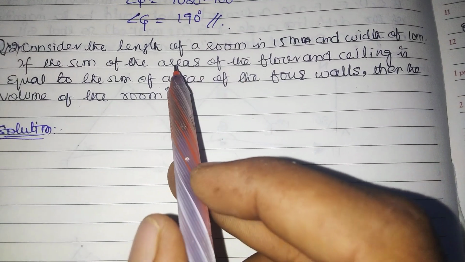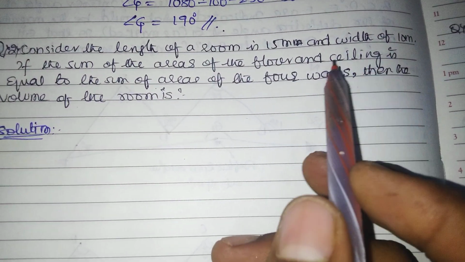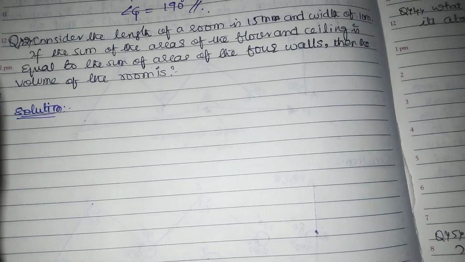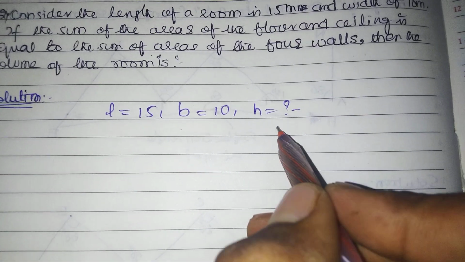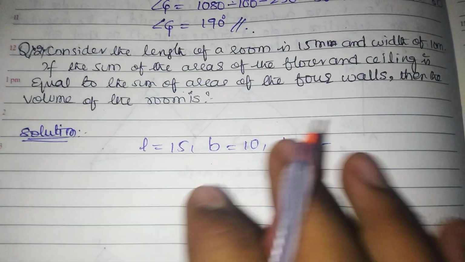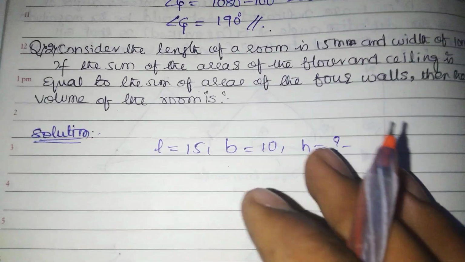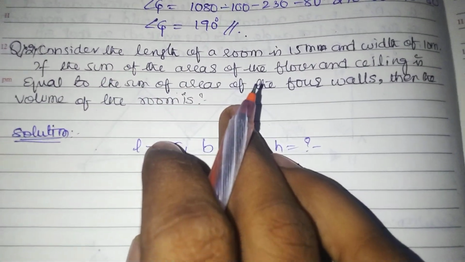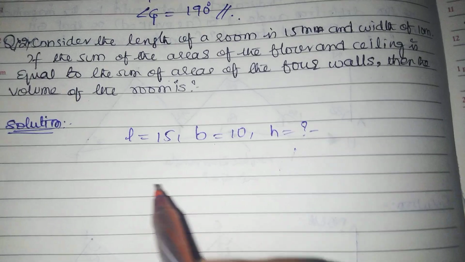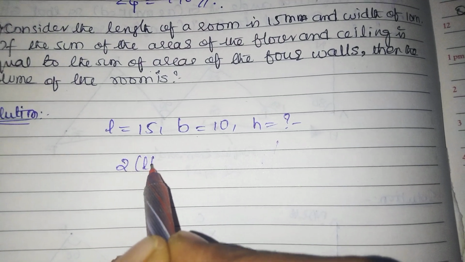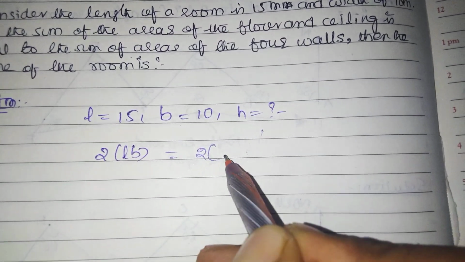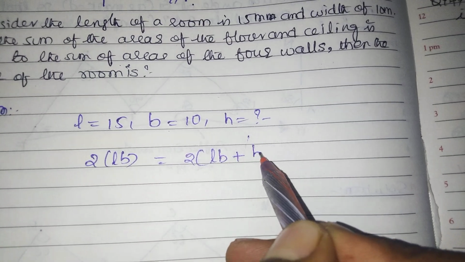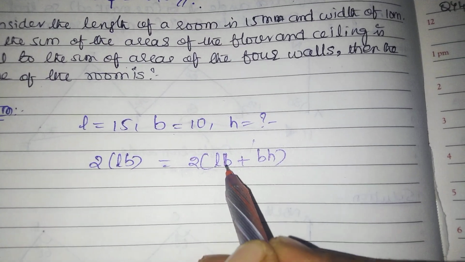Given in the question, length is 15 meters and width is 10 meters. We have to write that over there. We have to calculate h, the height, for the volume. For that, we equate those areas by the formula 2 into LB equals 2 into LB plus 2 into BH, sorry, LH.